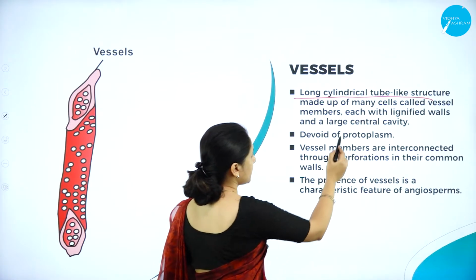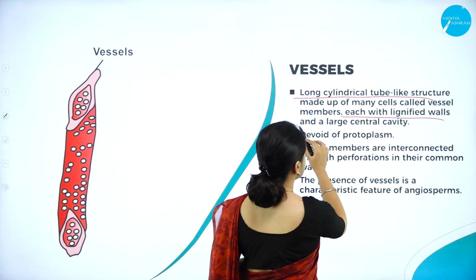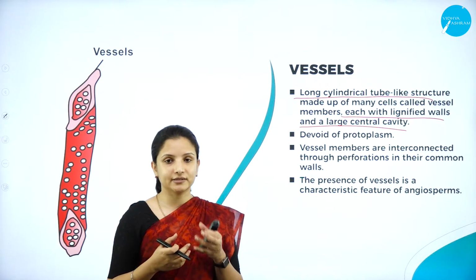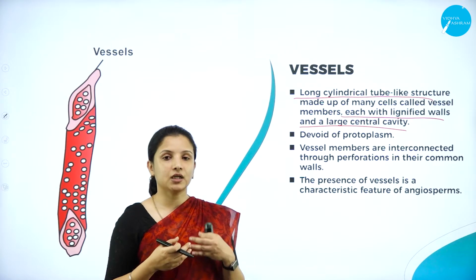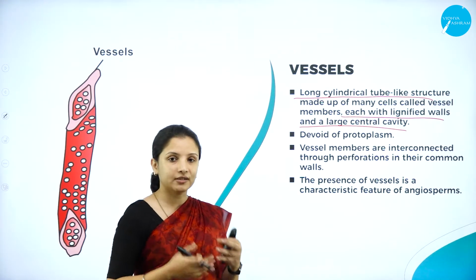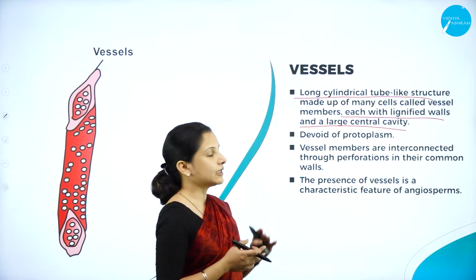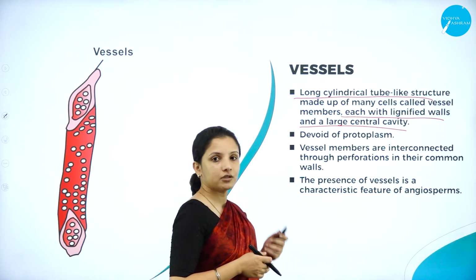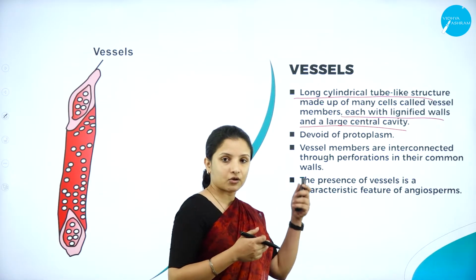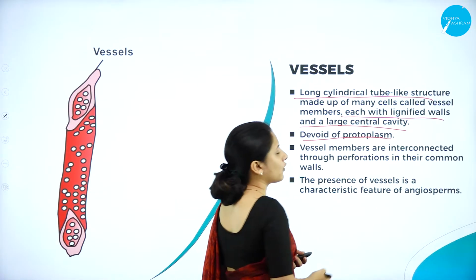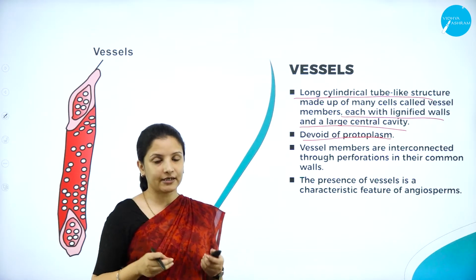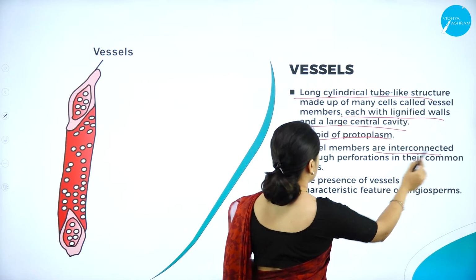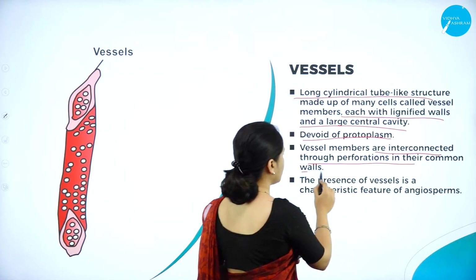They are also lignified, that is, the wall is made up of lignin, and they have a central cavity, a lumen, which is covered by lignified walls. And just like the tracheids, they do not have a protoplasm. They are devoid of the colorless liquid that is present in the cytoplasm, which is nothing but the protoplasm.